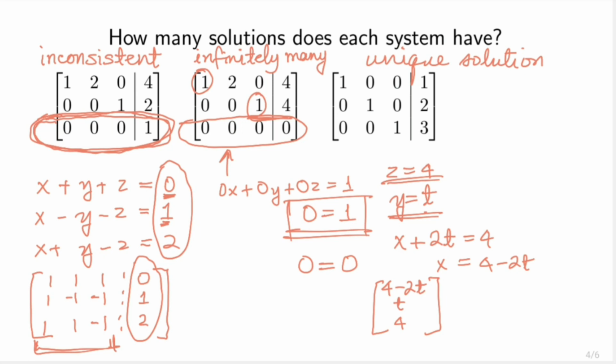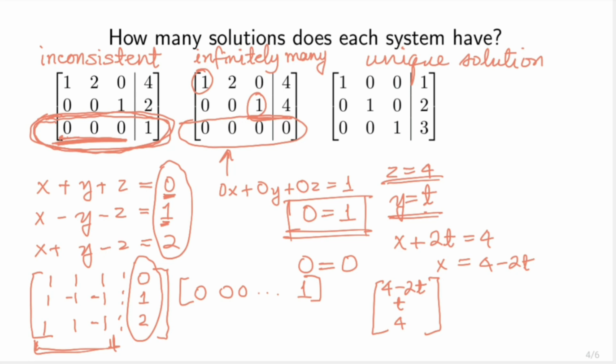To have an inconsistent system, you need a row that has the form 0, 0, 0, and then eventually a 1. Now, when you have this, what does this say about the coefficient matrix? It says that the coefficient matrix, that's just the side, has a row that is full of zeros. If it has a row that's full of zeros, it means that row does not have a leading one.